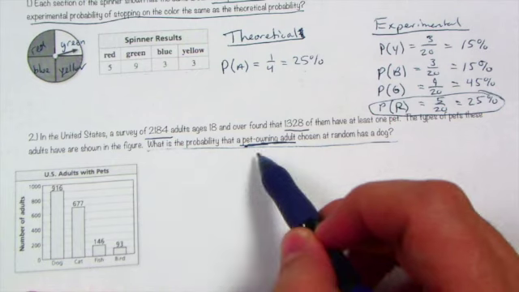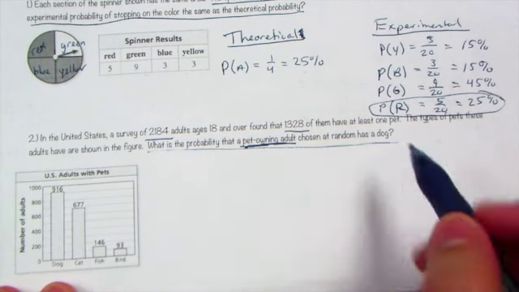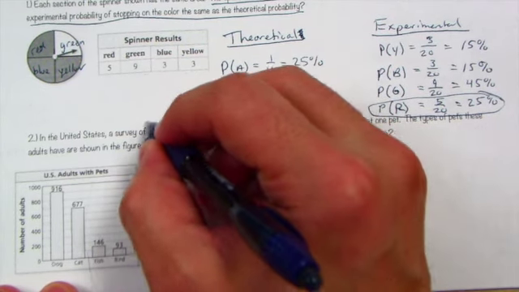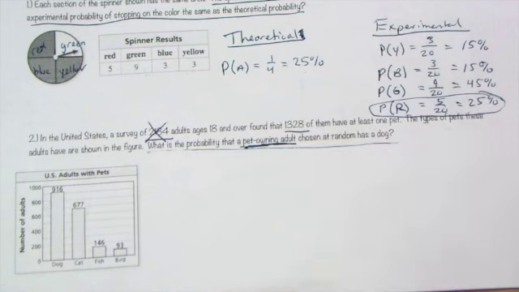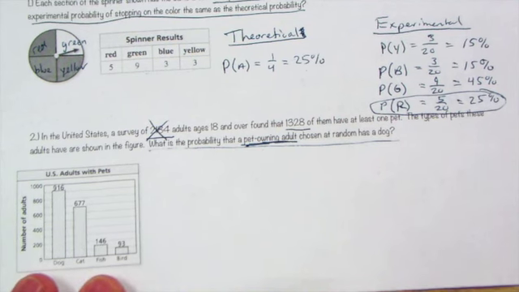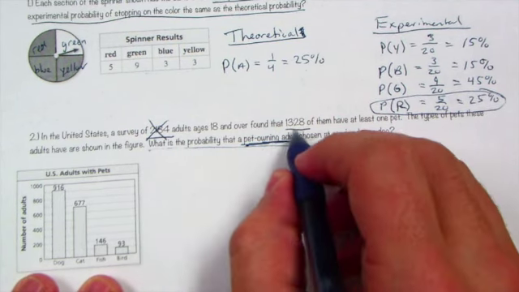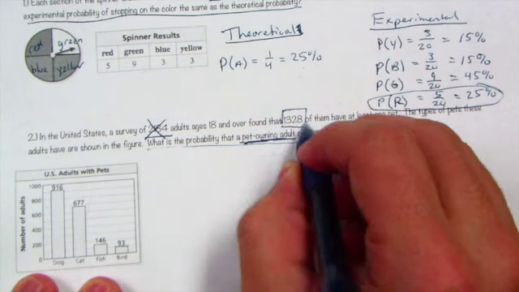So if we're looking at the probability of a pet-owning adult having a dog, we don't actually need this number. It's not relevant. It's sort of a distractor. It's there to sort of throw you off. I don't actually need that value because this is the value of pet-owning adults.